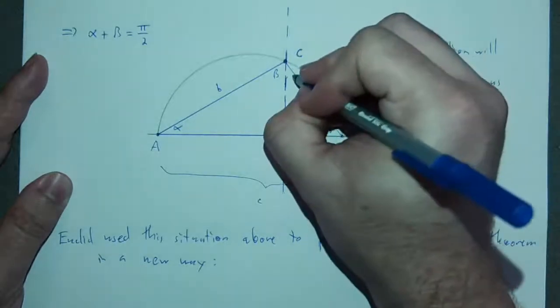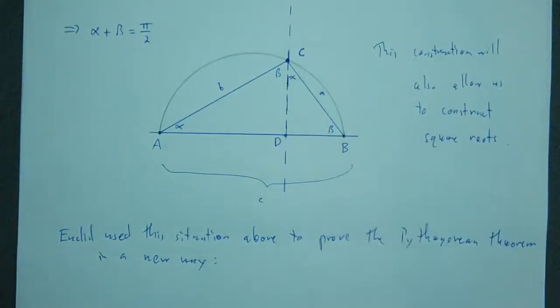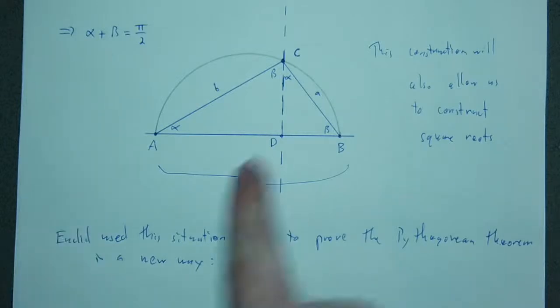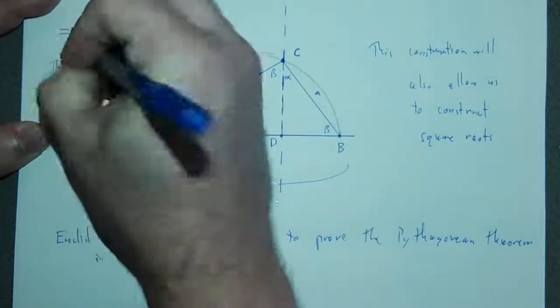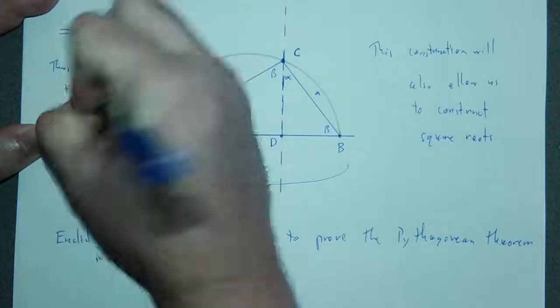And so angle BCD needs to be alpha, for the same reason, because alpha plus beta is pi over 2. All right, thus these are similar triangles.